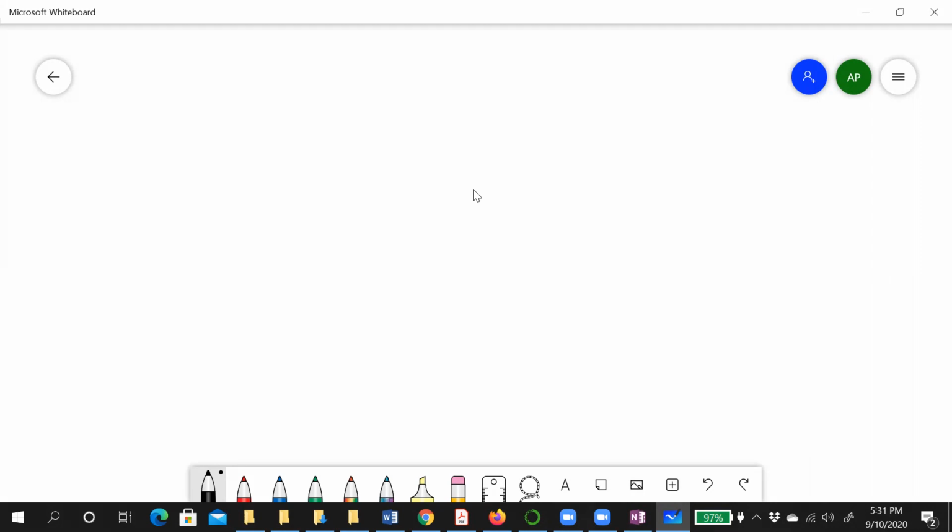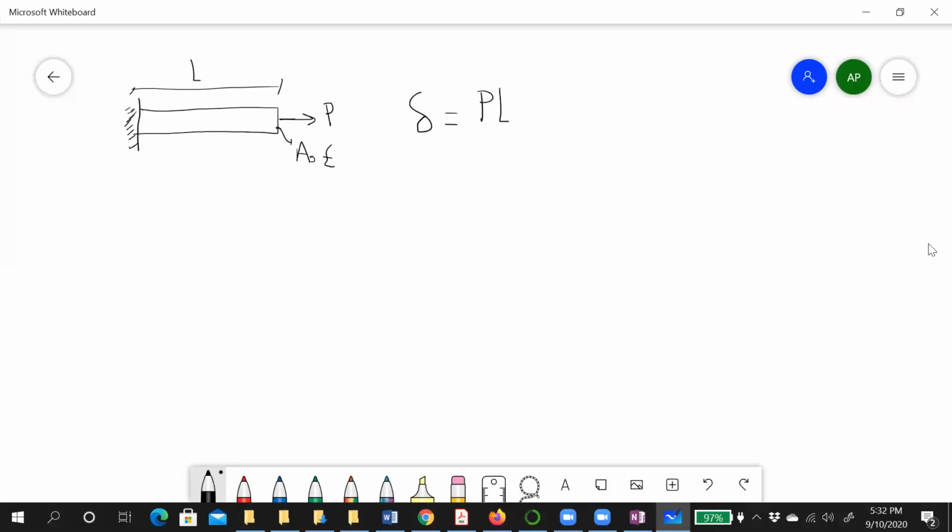Let me briefly discuss the last lecture. Last lecture we said, for example, we have an axial bar, rod, or element under the force P, with length L, cross section A, and material modulus E, and we obtained this formula.